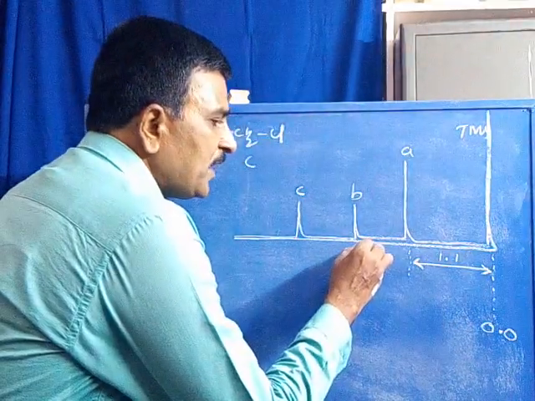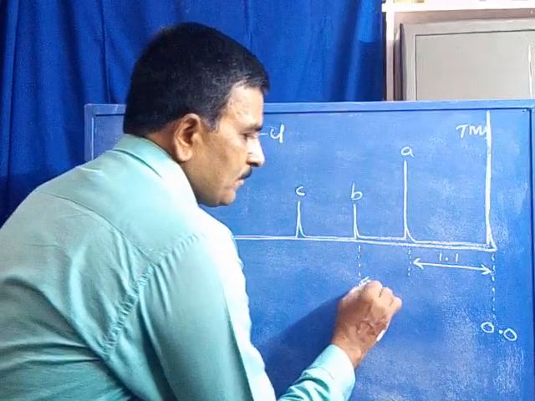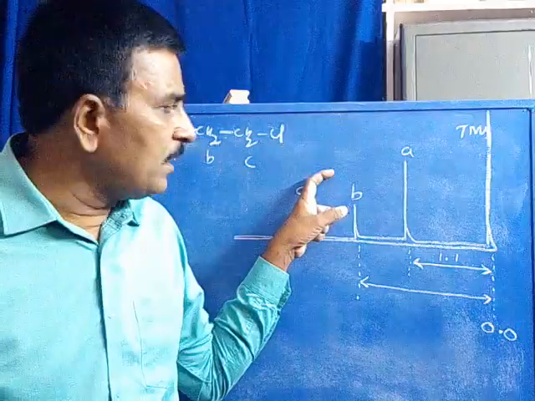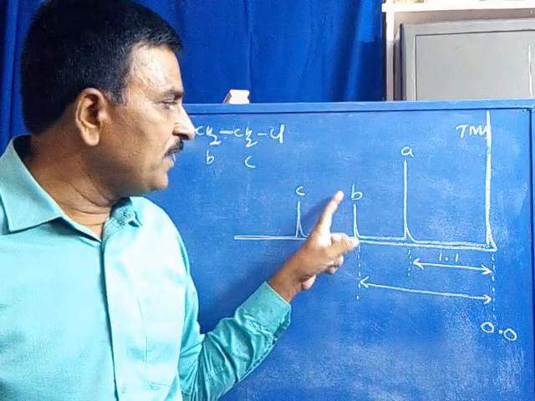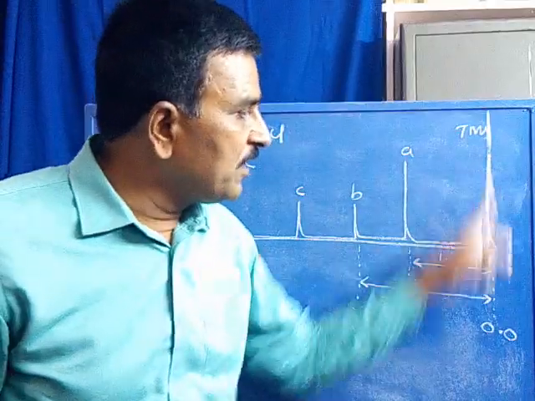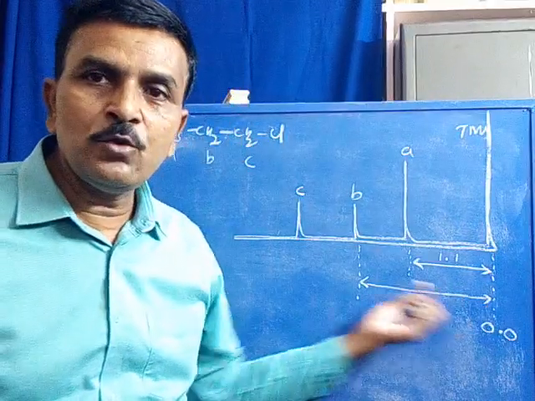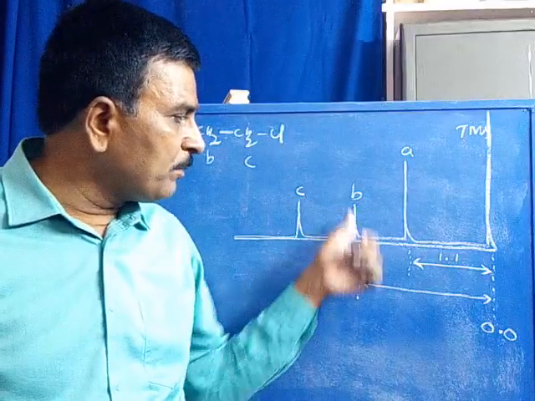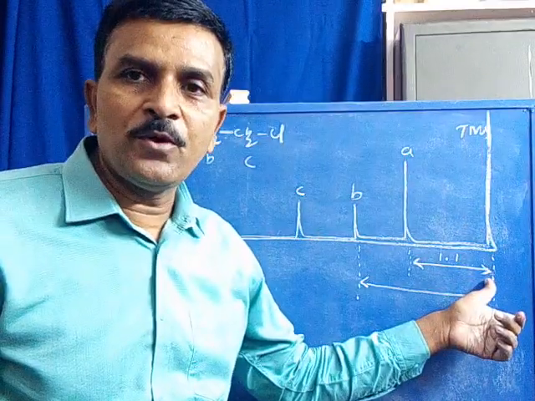Then for the second proton, for calculating the second proton signal frequency, we have to compare the position of the second proton signal with the position of TMS. That is, we have to measure the difference in the frequency of the second proton signal to that of the TMS proton signal.